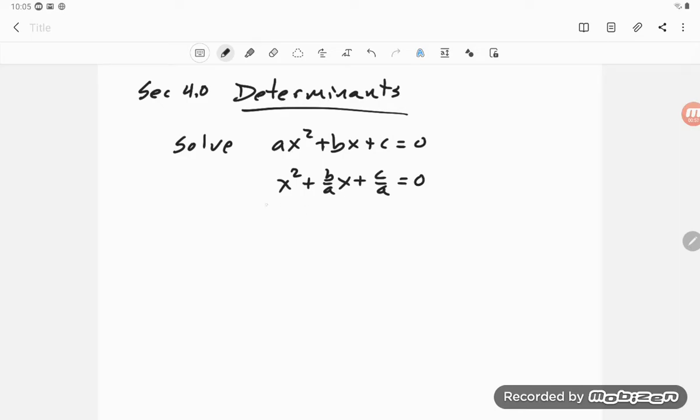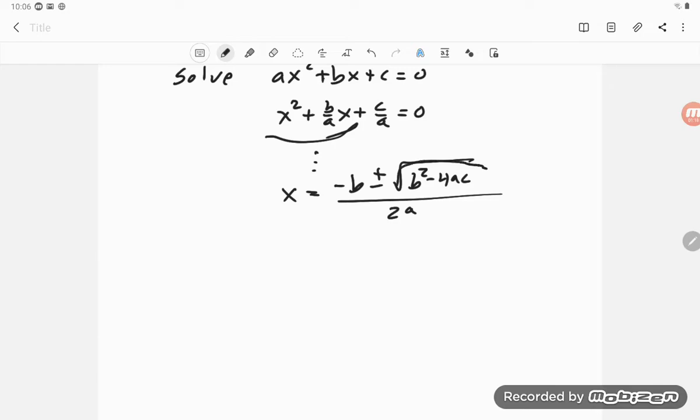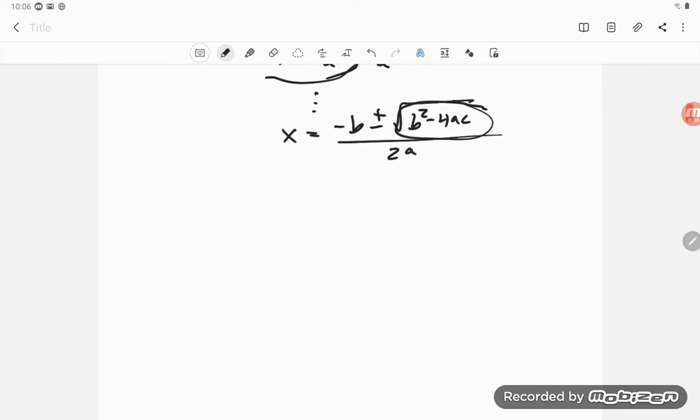Then I would complete the square with this part, and keep going, dot dot dot. I would get to x equals minus b plus or minus the square root of b squared minus 4ac, all over 2a. Then that part inside the square root is the discriminant.